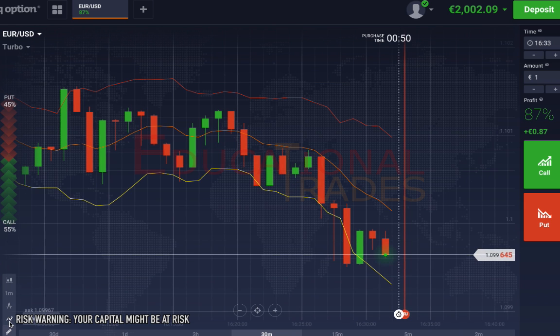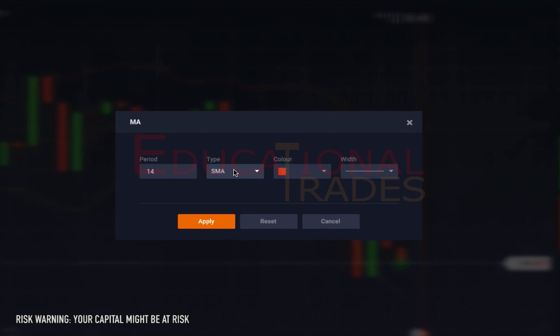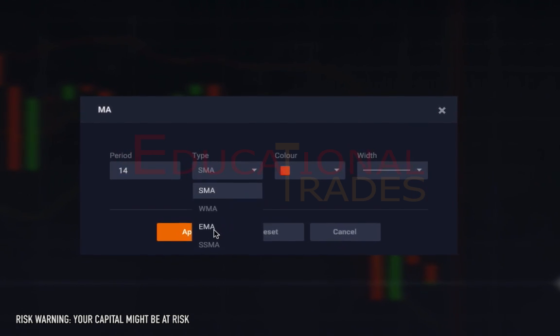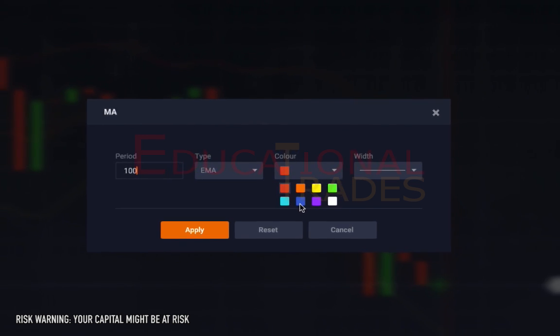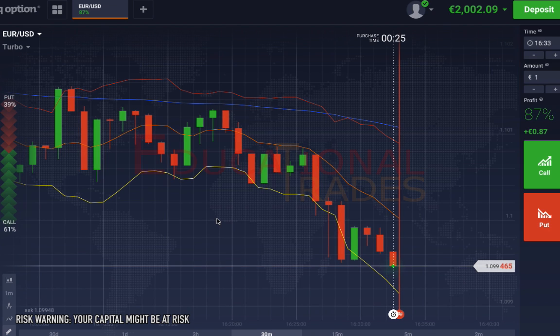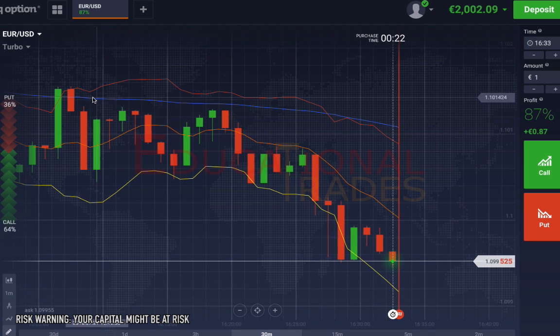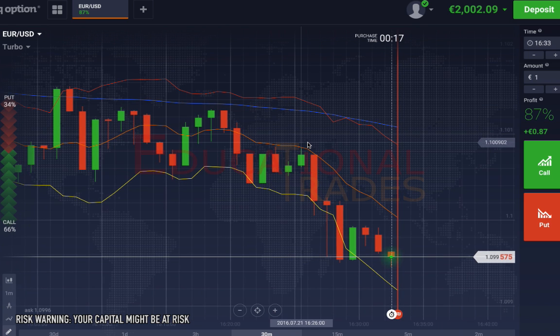Then we need to add an EMA with a period of 100. As you can see, the moving average indicates where the trend is going. When the average goes up, we have an ascending trend. When the average goes down, we have a descending trend.